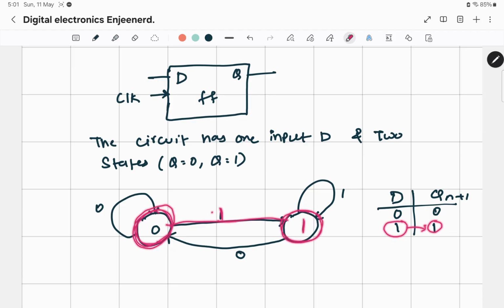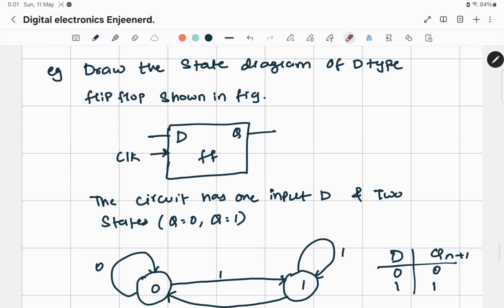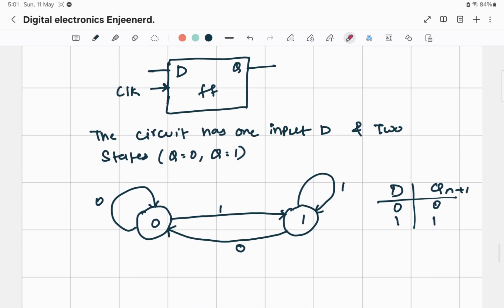If I am in 1 and I apply a 1, I will remain in 1. If I am in state 1 and I apply a 0, I move to state 0. This is how we represent state diagrams.